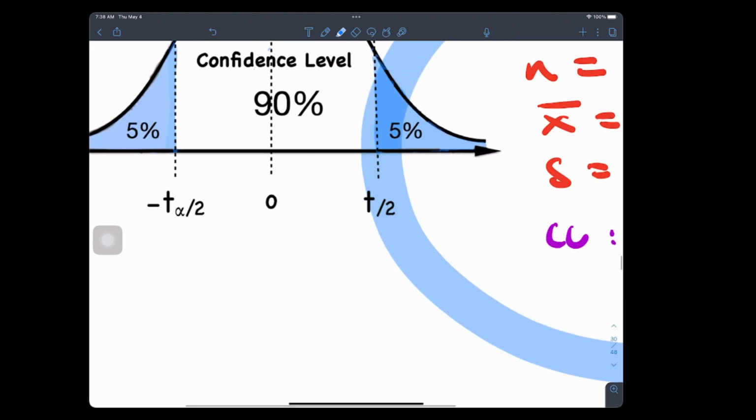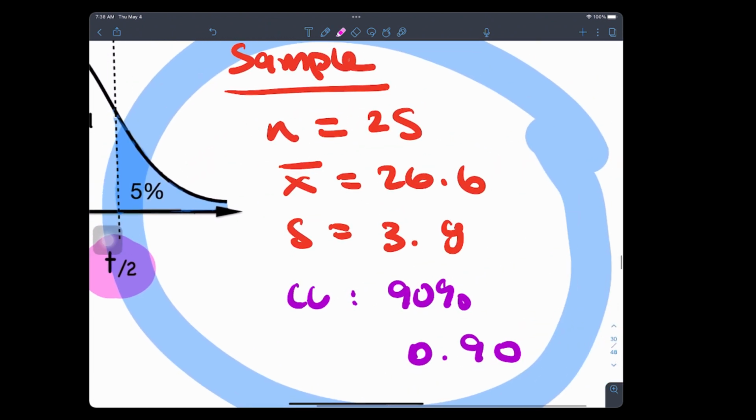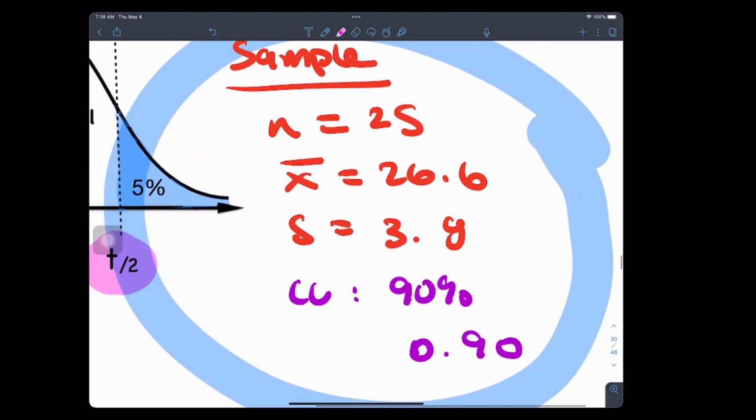Why do they have a T? Why is that a T? What does that represent? The student's distribution. Why? Because this is a small what? Sample. What's a small sample? Anything under what? 30. They say no more than 30, but whatever.